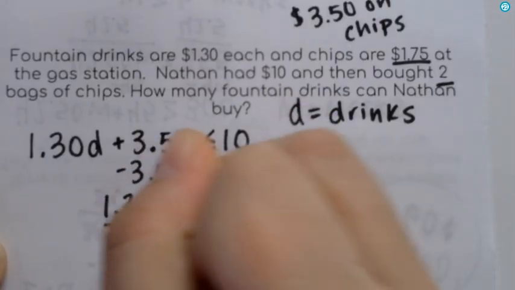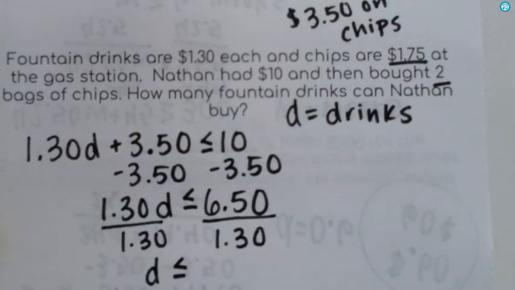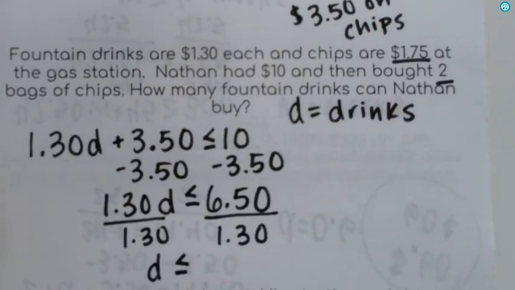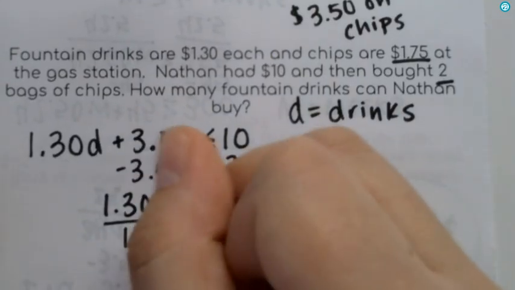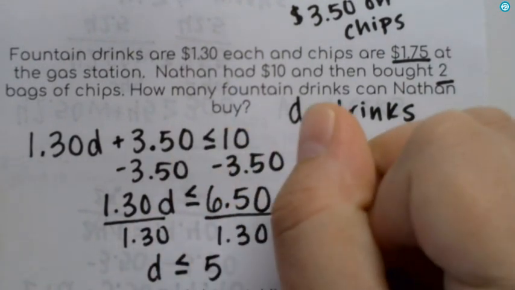We'll get D is less than or equal to 6.50 divided by 1.3 is 5. That'll be 5 drinks.